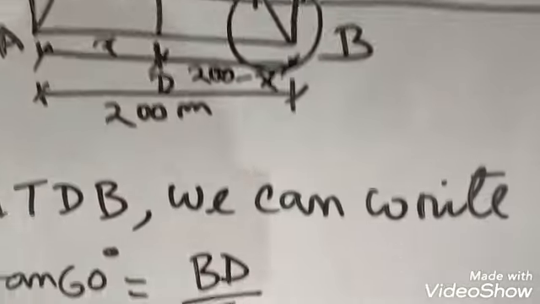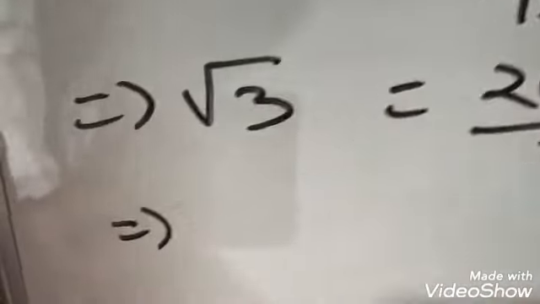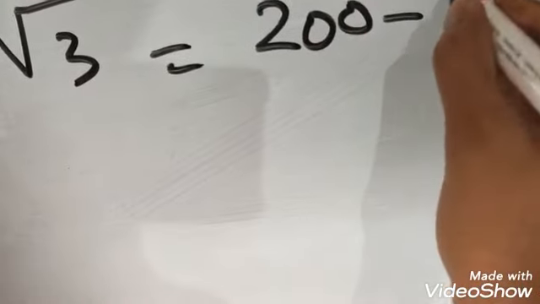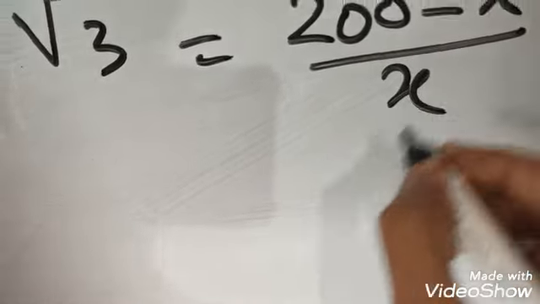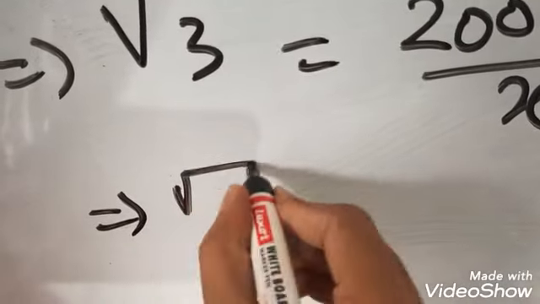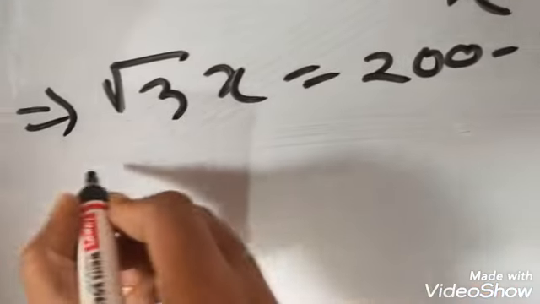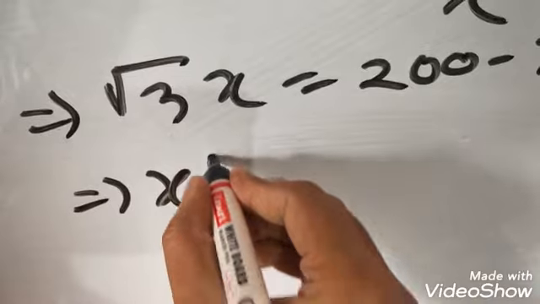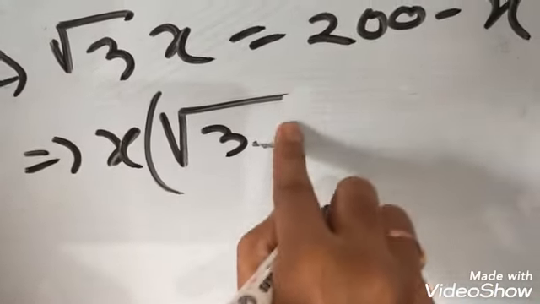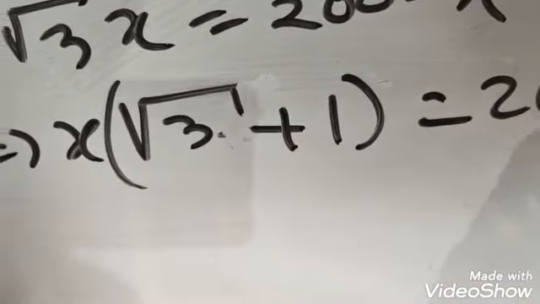Now we have already found in the other triangle that TD is equal to x. So root 3 is equal to (200 minus x) by x. So root 3 x is equal to 200 minus x. Taking x common, x times (root 3 plus 1) is equal to 200.